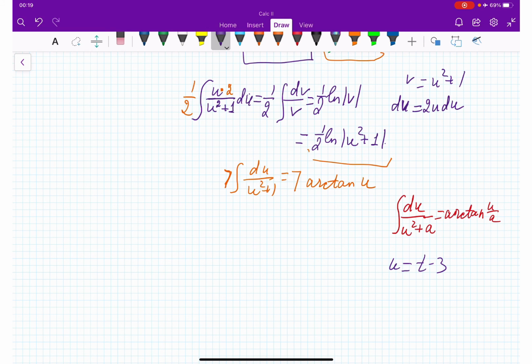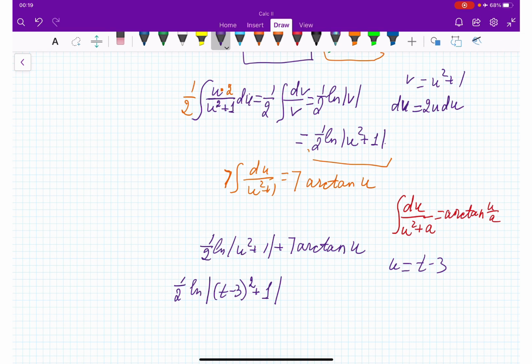So for 1/2 natural log u squared plus 1 plus 7 arctangent u, we are going to have 1/2 natural log of t minus 3 squared plus 1.